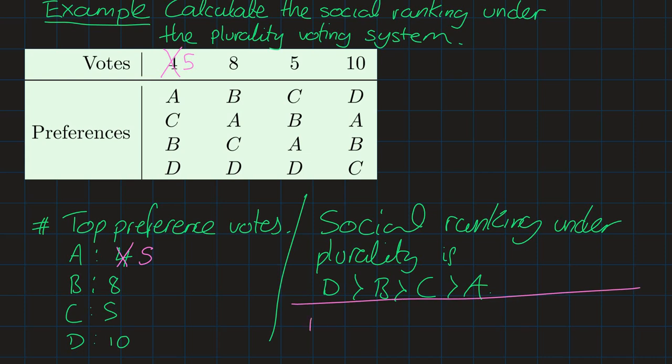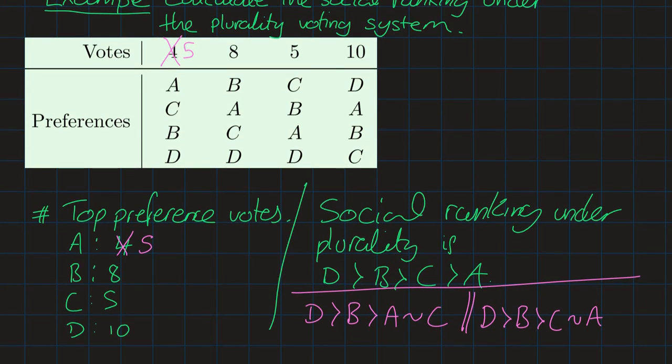So the way you write this is D beats B beats A, which is equivalent to C. So you do this squiggle like this, or I could have written this like this. These are both correct answers. If there's a draw, then you use this tilde symbol to represent that they're at the same level.